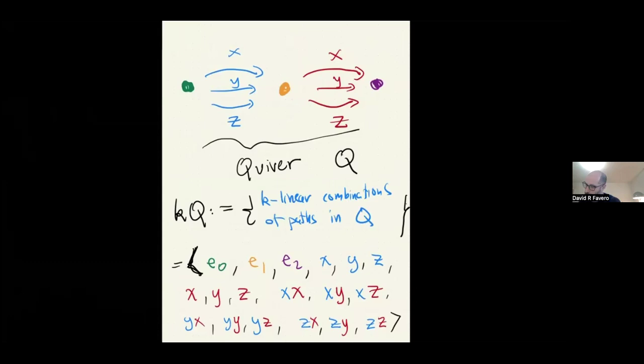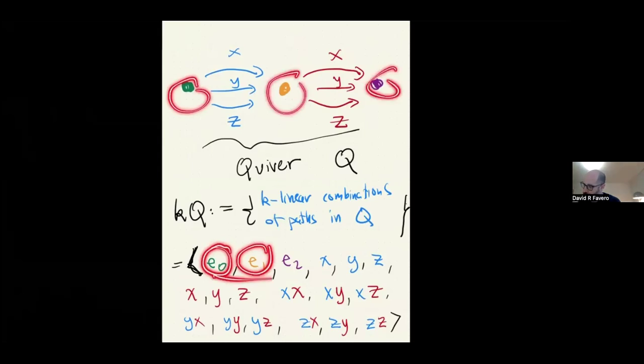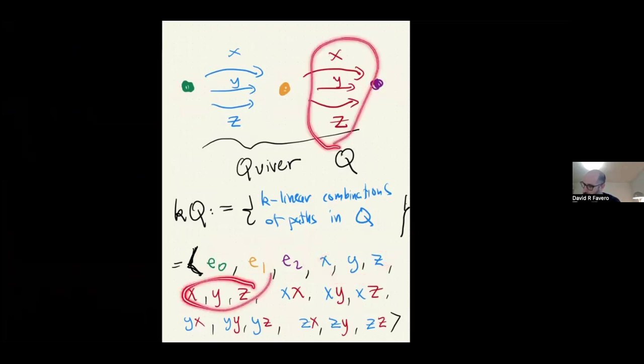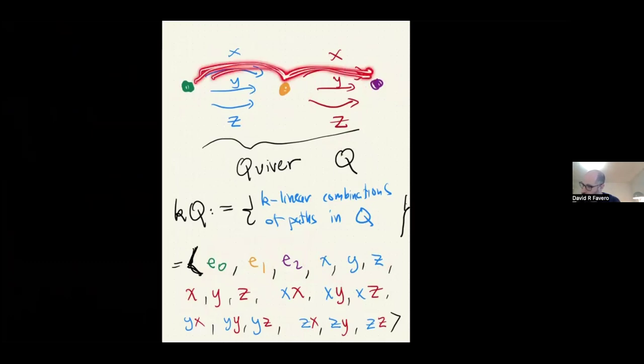So I have this trivial path here, these 3 trivial paths, right? Then I have these paths, X, Y, and Z. But I could also do stuff like X times that. I can combine these 2 paths.